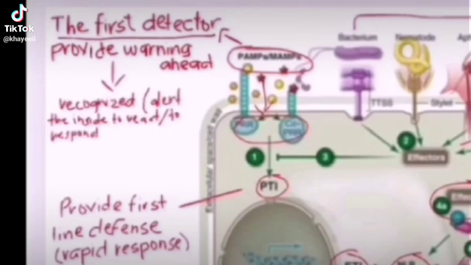This response includes changes in gene expression, production of antimicrobial compounds, and strengthening of the cell wall, all aimed at preventing pathogen invasion. So as discussed before, PTI is known for providing first-line defense or rapid response.